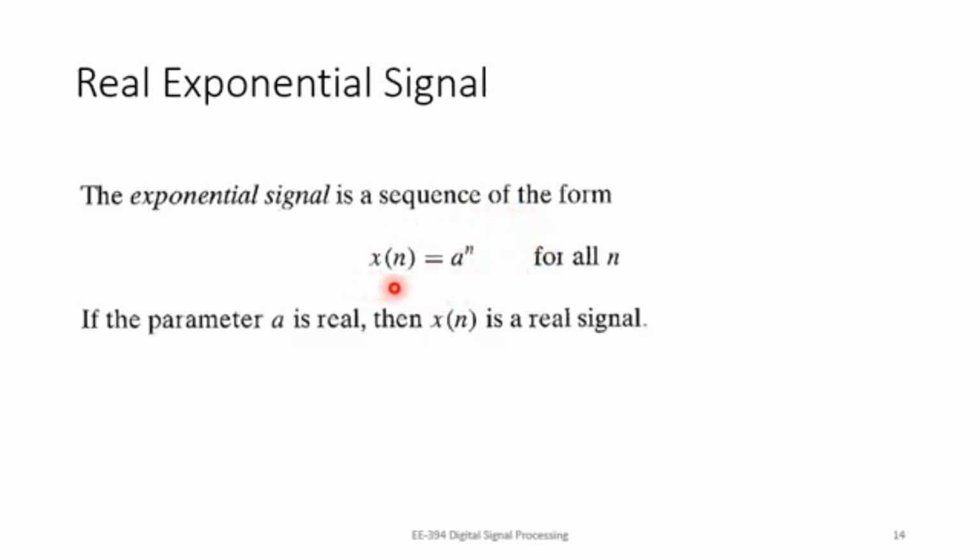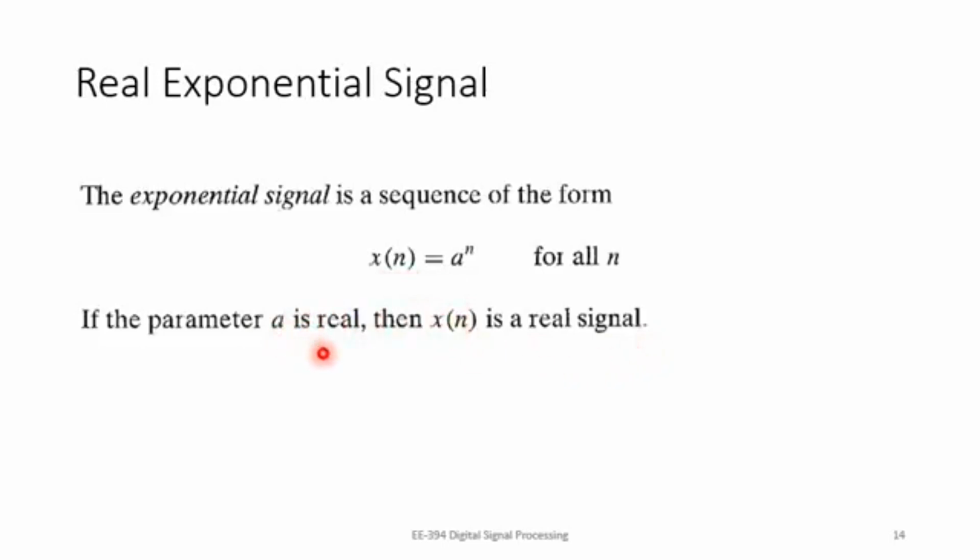Now the question comes whether this is a real exponential signal or a complex exponential signal. The answer is also very simple. You forget n, you look at a. If a happens to be a real number, like 0.4, 1 over 4, 0.1, minus 2, whatever, then this signal will be a real signal.